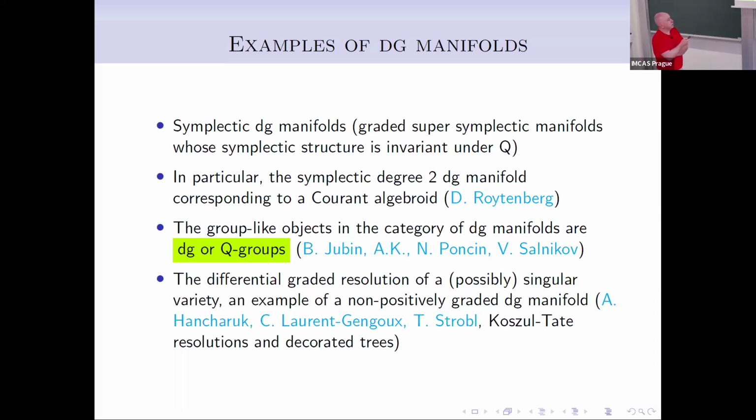It's a construction by Hanchiruk, Laurent Jangou, and Thomas Strobel of the Kashul-Tate resolutions using decorated trees. Actually, we are now in progress with Sasha Hanchiruk. We are writing a paper about the BFV construction involving this sort of resolutions by decorated trees.